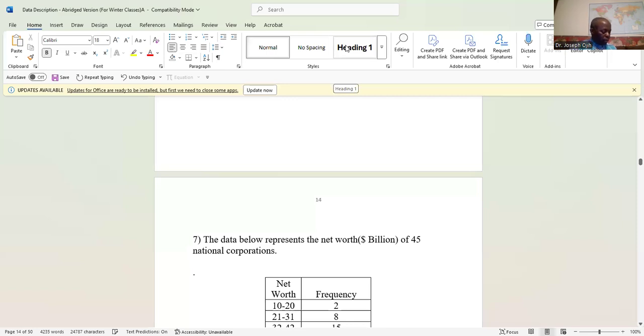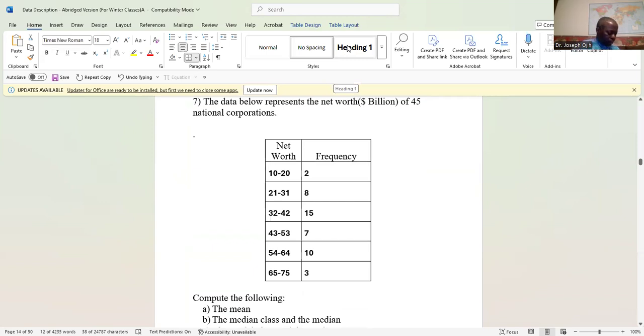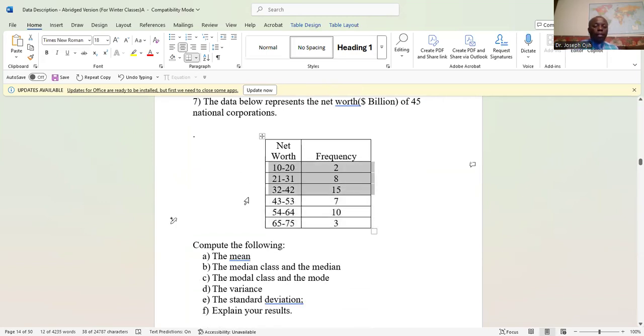So again, they want us to calculate a lot of things. Let me put this in Excel. I'm going to copy this here and put it in Excel. It makes it faster for us. Like I said, we'll be using Excel extensively in this class.